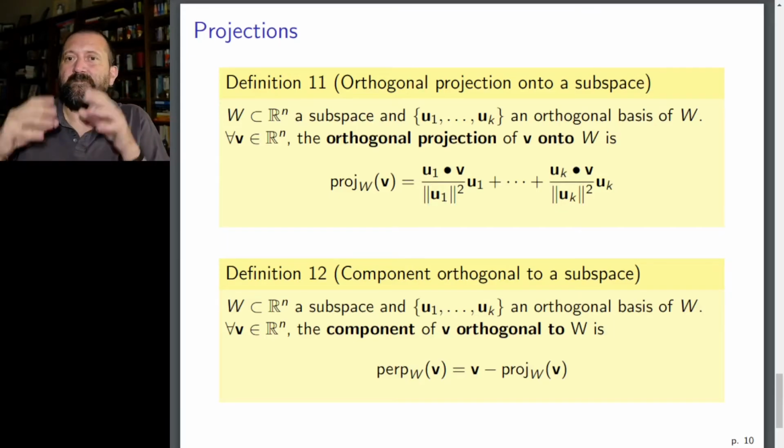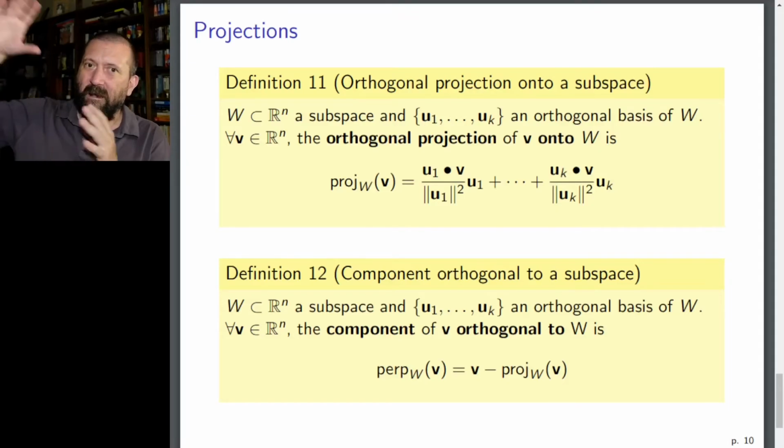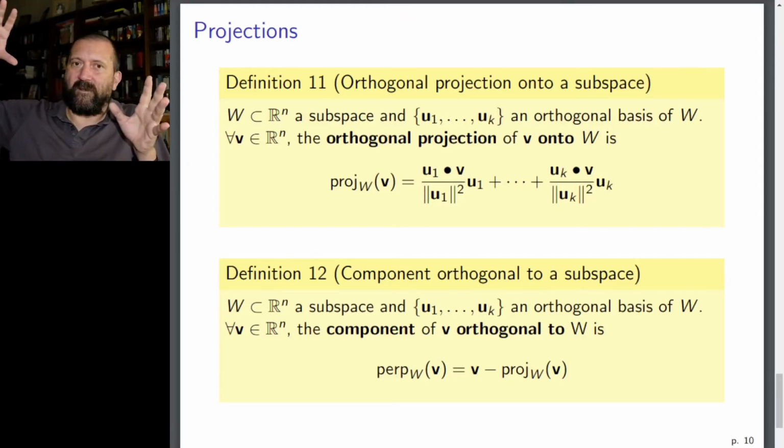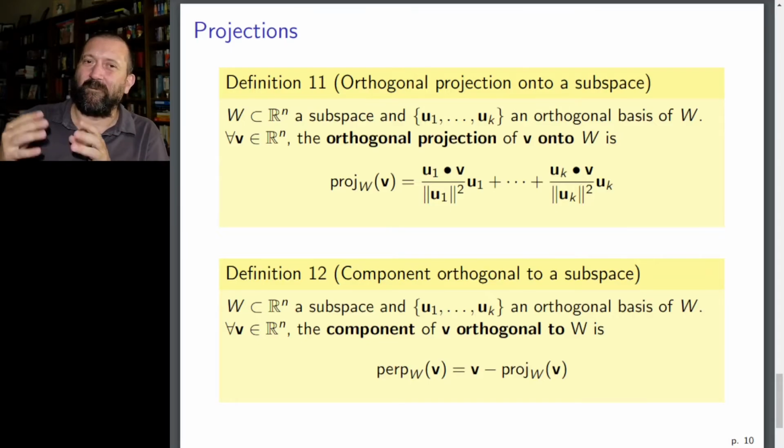So take a basis u1 to uk of that subspace W, then we call the orthogonal projection of a vector v in Rn. So the vector that you're projecting is in the overall big space, whereas the space onto which you're projecting is a subspace.